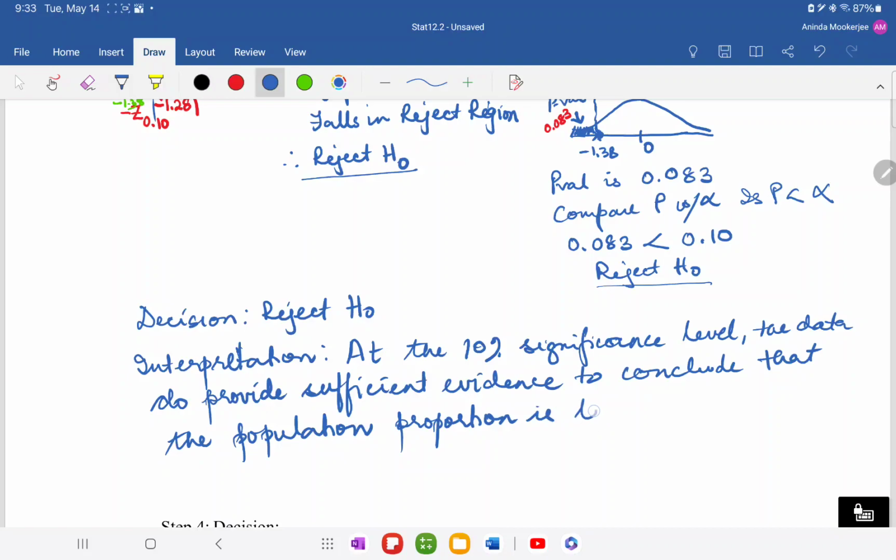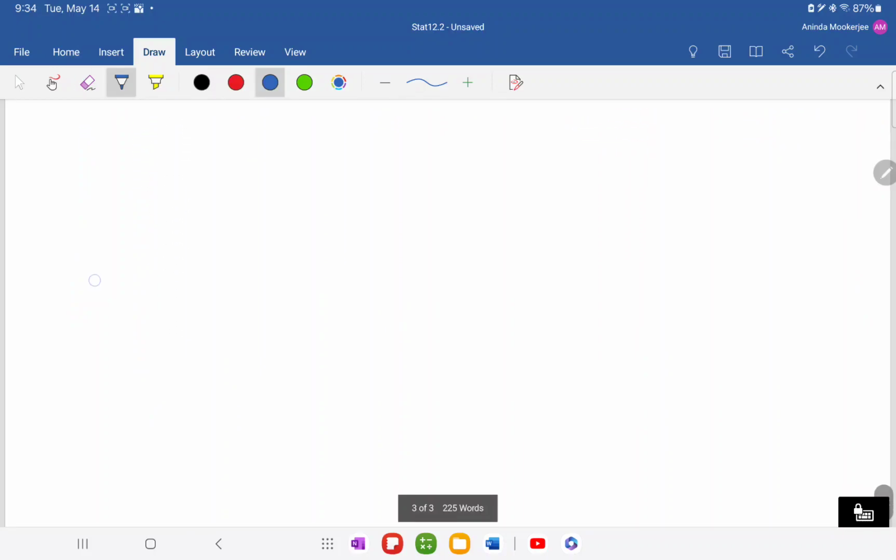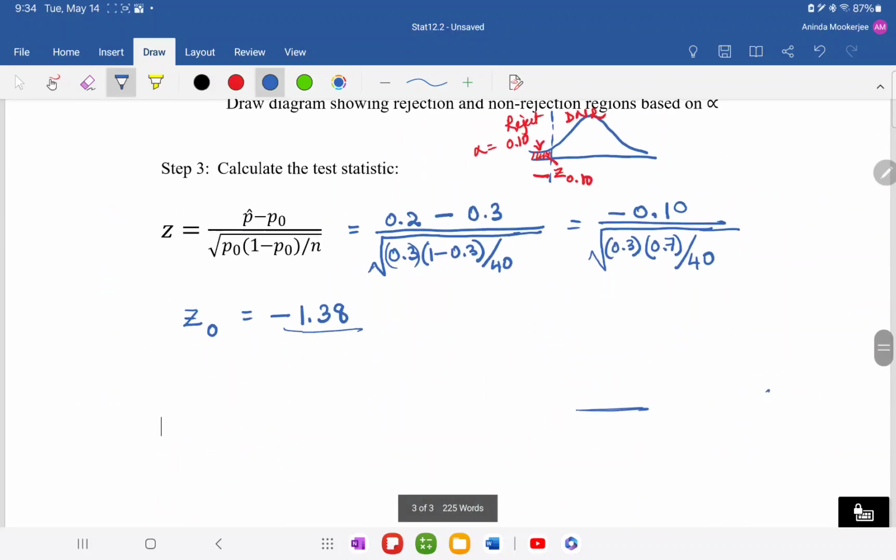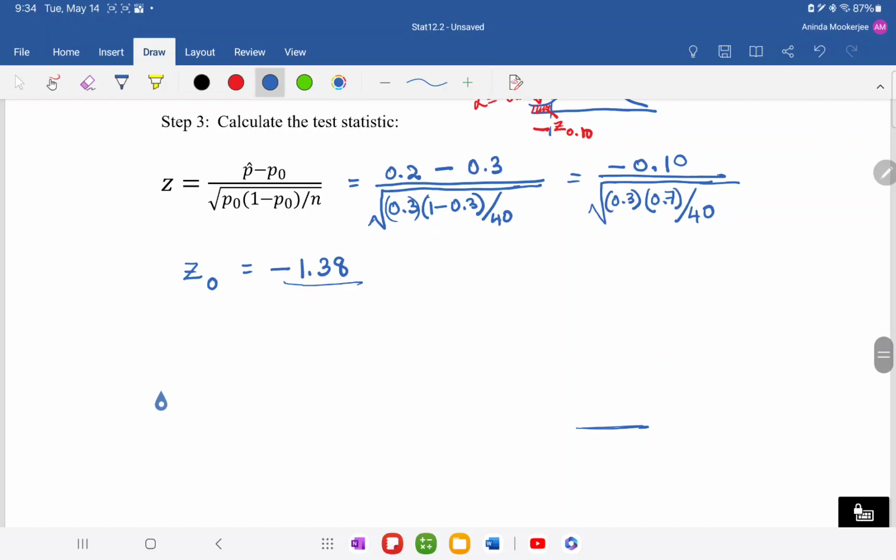That means our alternate hypothesis is considered correct. Our evidence was strong enough to reject the null hypothesis and have it replaced by the alternate hypothesis, which says it is less than 0.3. So that's how you're going to work on hypothesis test questions of one population proportion.